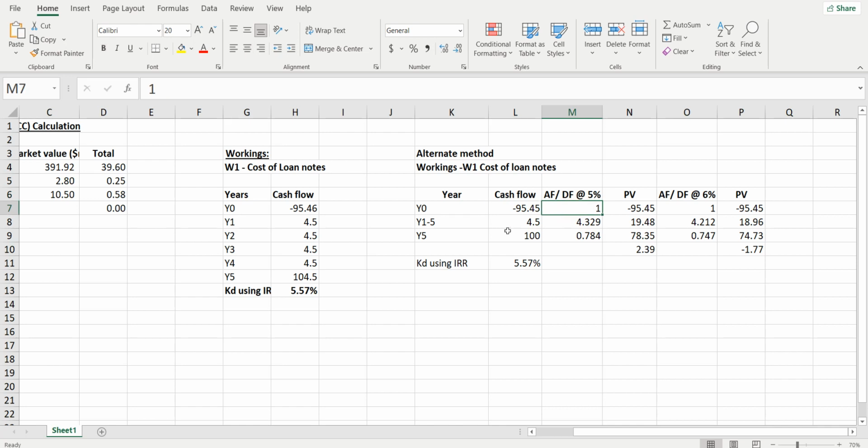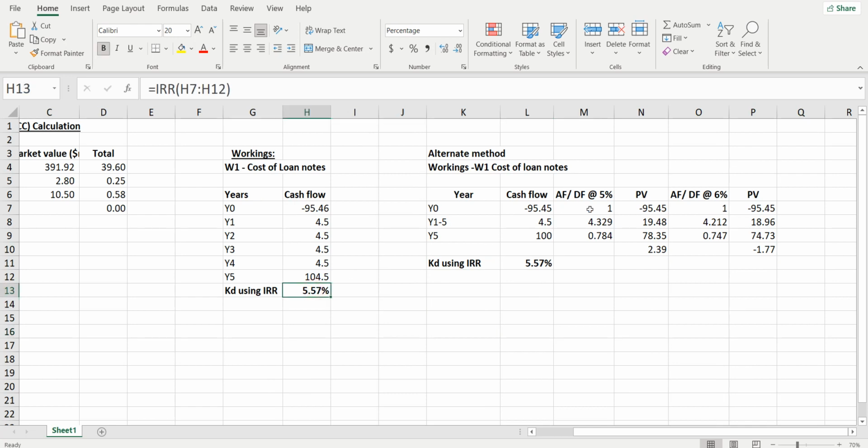You do the discounting factor for year 0, the annuity factor for years 1 to 5, and then the discounting factor for year 5. First we take 5% and 6%. You have to guess. You can take 1% and 20% just to be safe, but your KD and IRR will not be the same. So that's why the IRR formula is safe, because it saves a lot of time and you don't have to guess the higher and lower percentages. But this is another method.